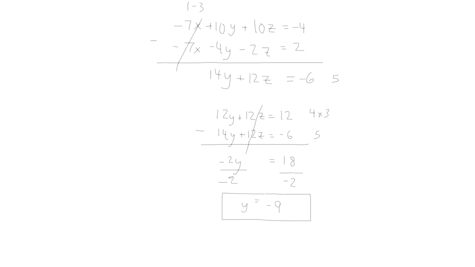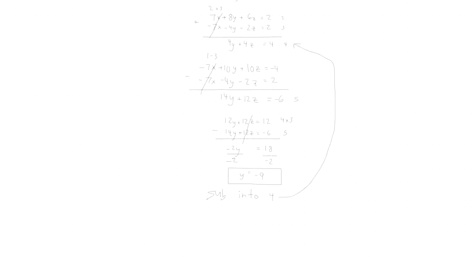So we got one variable solved. Now what are we going to do with y equals negative 9? You can substitute into equation 4 or 5. Let's substitute into 4. So 4 times negative 9 plus 4 times z equals 4. What's 4 times negative 9?